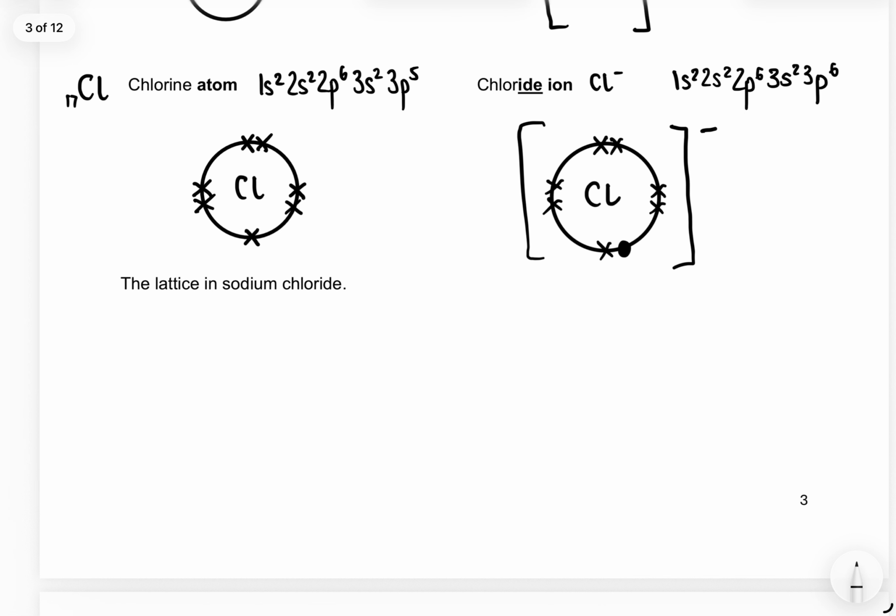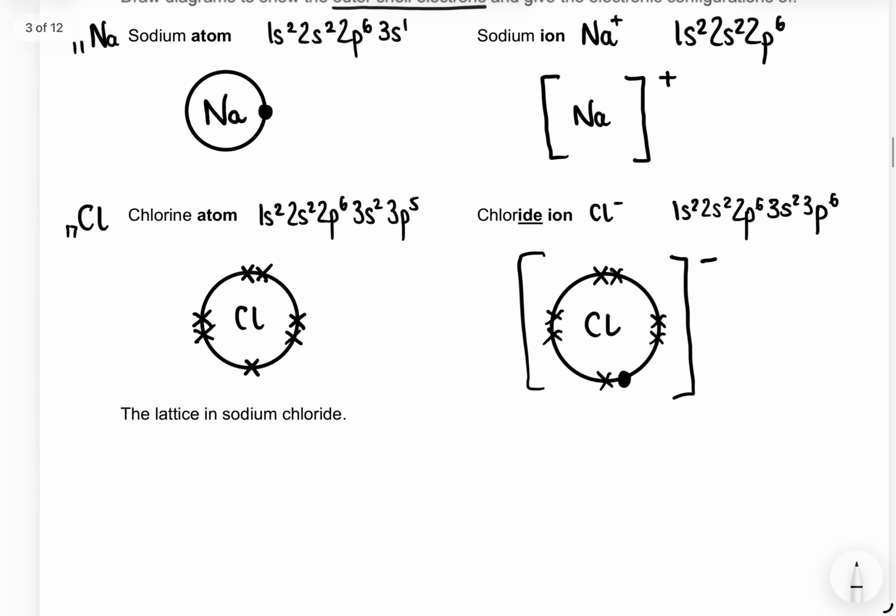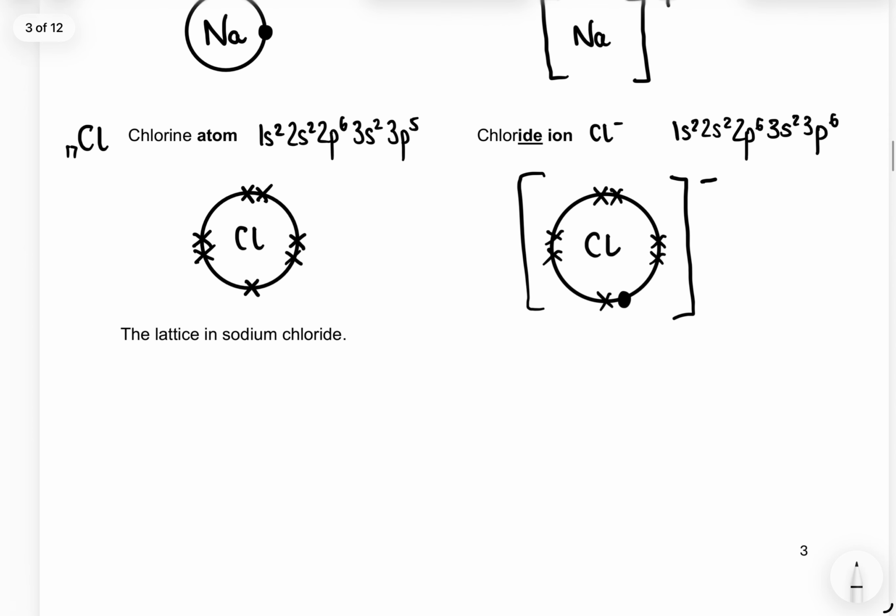So what would that look like when those arrange themselves in a giant ionic lattice? The lattice in sodium chloride, remember that giant means endlessly repeating, and lattice means a regular pattern of the oppositely charged ions. So we're going to go positive ion, negative ion, positive ion, negative ion. If we look at the electron configurations, we can see that the negative ion has more shells than the positive ion, so it will be bigger.